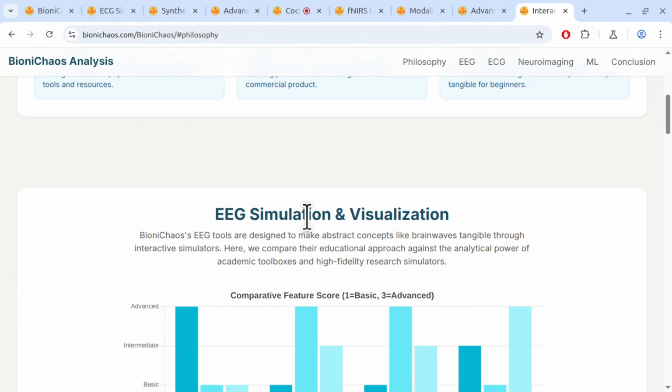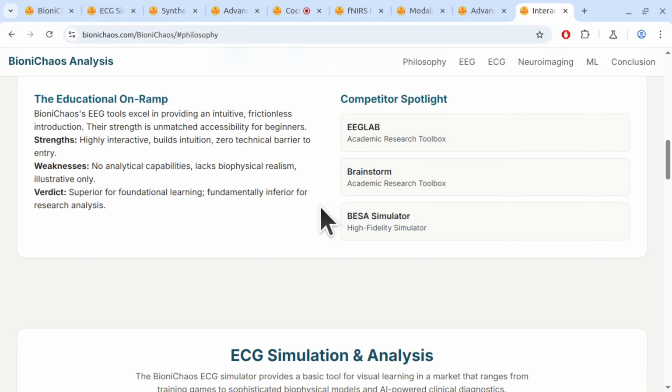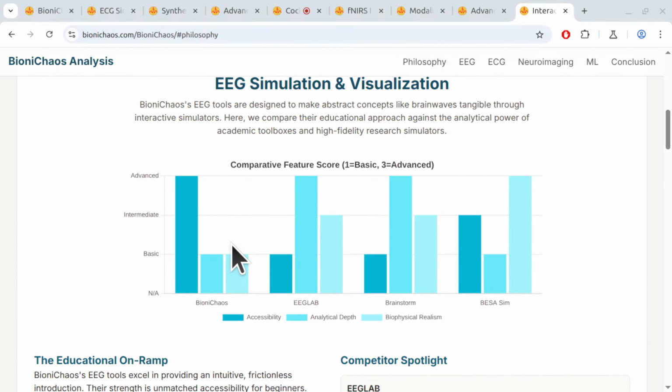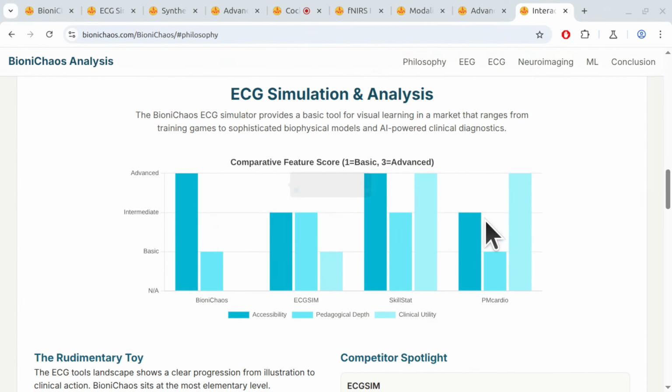But yes, we're just diving into the detail, essentially comparing our tools to other similar tools available out there. Should we pop that into Visual Studio Code?